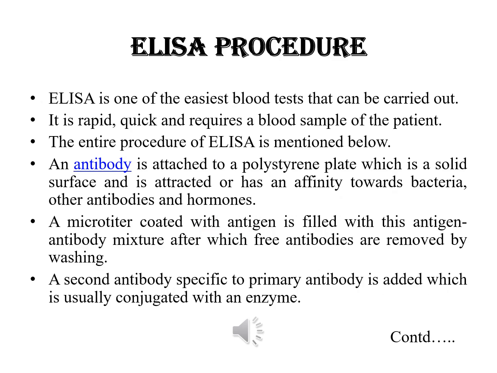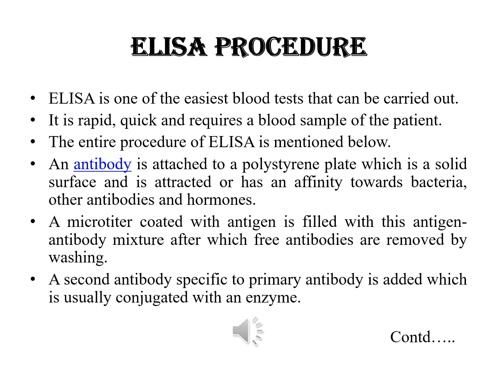Now we look into the ELISA procedure. It is one of the easiest blood tests that can be carried out. It is rapid, quick, and requires a blood sample of the patient. The entire procedure of ELISA is as follows. An antibody is attached to the polystyrene plate, which is a solid surface and has an affinity towards bacteria, other antibodies, and hormones.